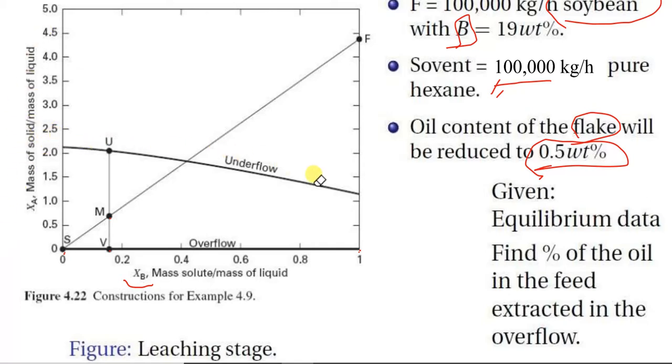And XA is the mass of solid divided by mass of liquid. So in underflow, as mass solute is increasing, XA is decreasing. And then you can see overflow.